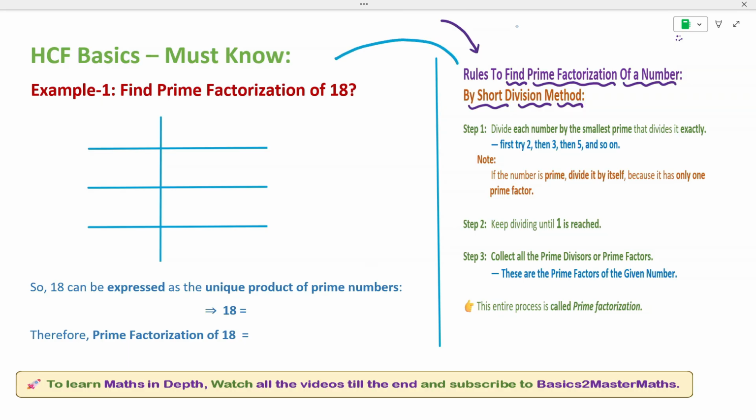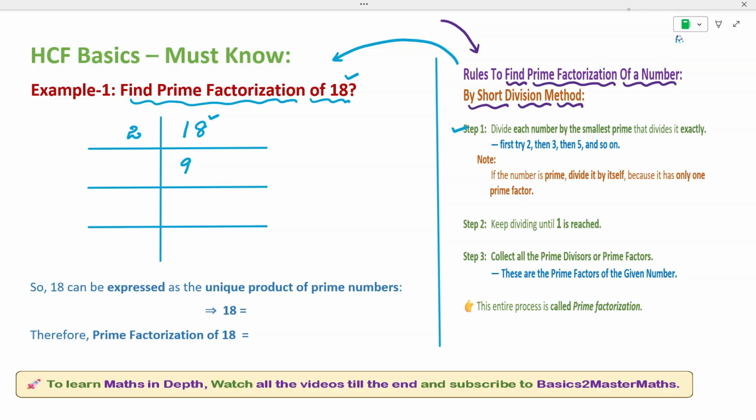Let us apply these rules to find prime factorization of 18. Step 1. Try dividing 18 by the smallest prime 2. Since 2 divides 18 exactly, we get 9.